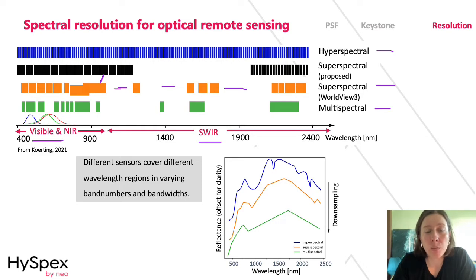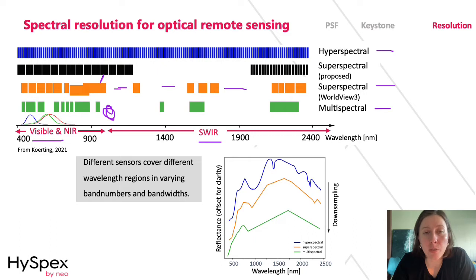When we're looking at the multispectral, this is the band setup from Sentinel-2 Copernicus. You can see that we have a focus on the VNIR region here, and then we only have a couple of bands in the SWIR region.